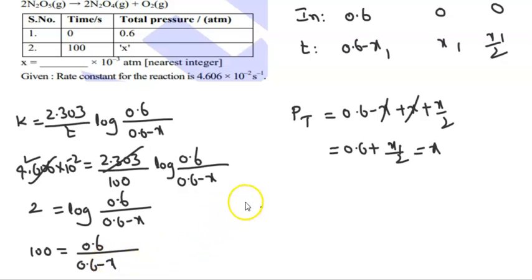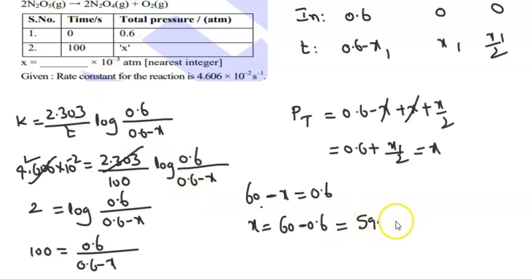If I do the cross multiplication, 0.6 into 100, 60 minus x is equal to 0.6. Then x is equal to 60 minus 0.6, that will be equal to 59.4. Then the total pressure Pt is equal to 0.6 plus the value of x, 59.4 by 2.